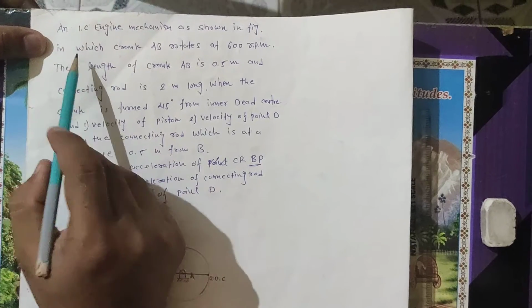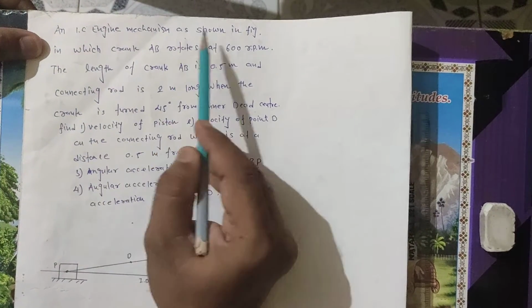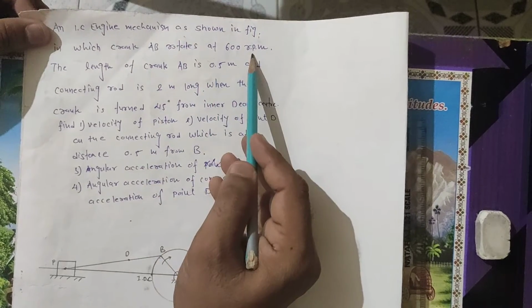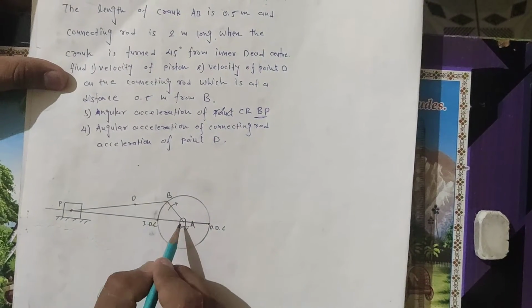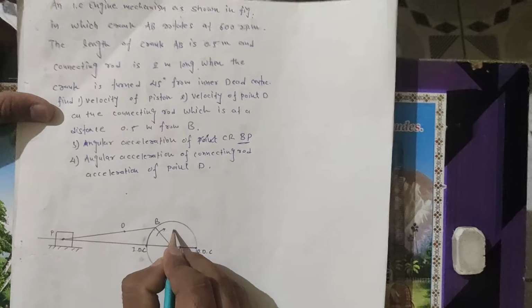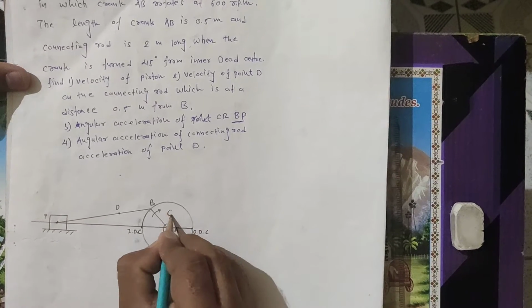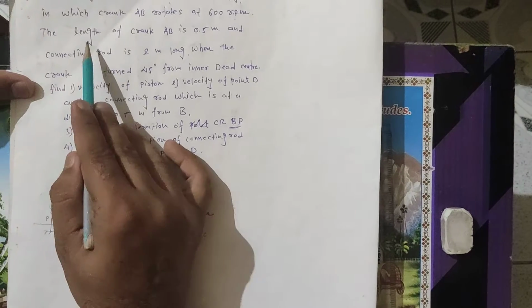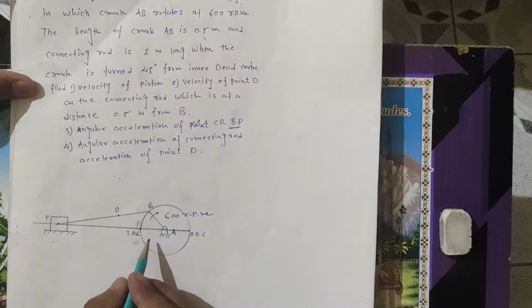The data is given: an IC engine mechanism as shown in the figure, in which crank AB rotates at 600 rpm. So this is the crank, and that rotates at 600 rpm. The length of the crank AB is 0.5 meter.